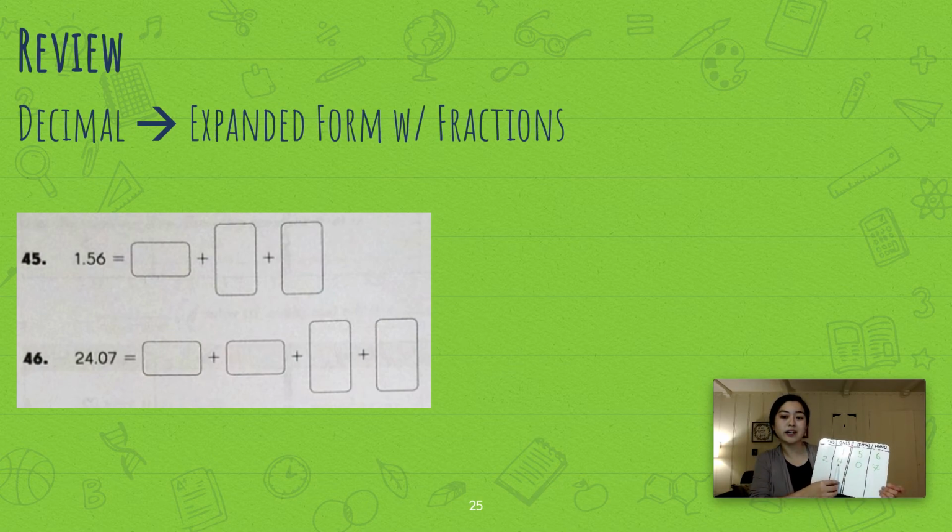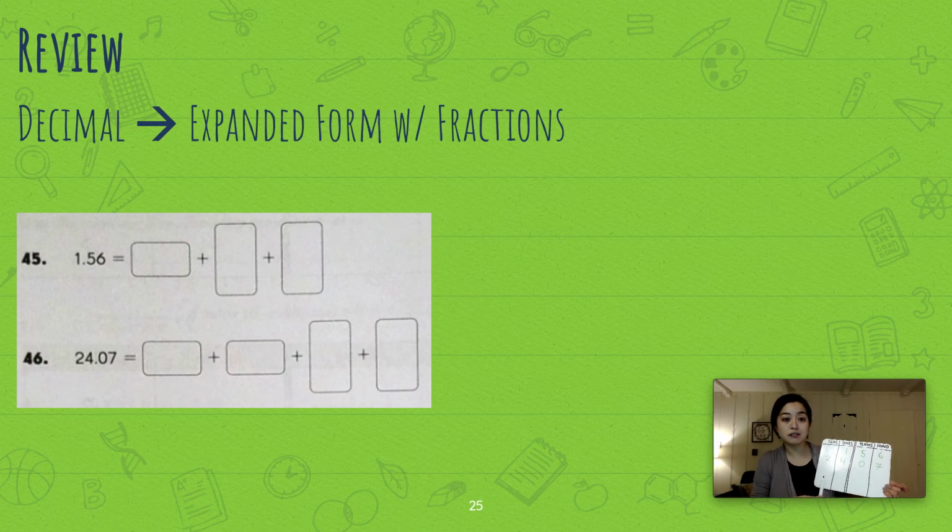How many ones do I have? 4, so that's just equal to the number 4. How many tenths do I have? That's 0, right? 0 over 10 is my fraction, or 0 tenths is my fraction. And how many hundredths do I have? 7. So my fraction here is 7 hundredths.